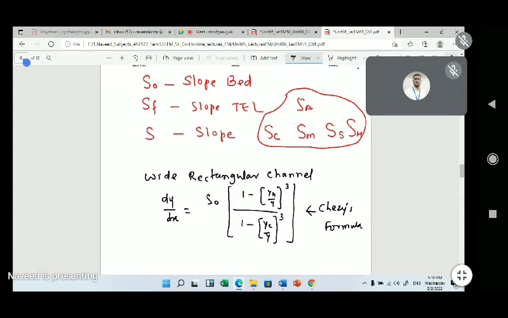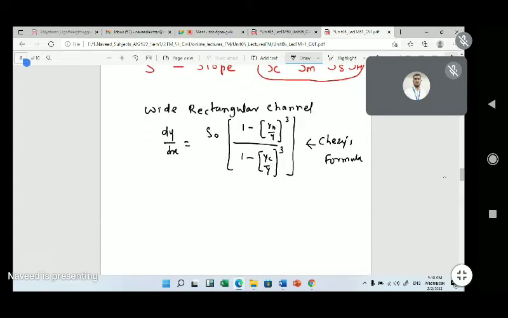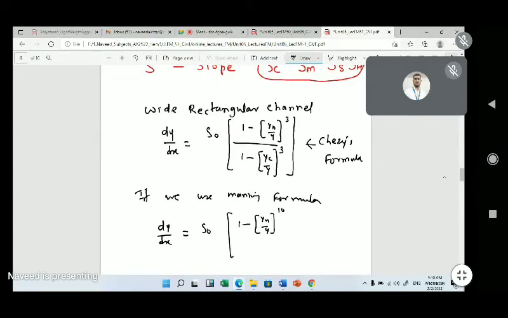If we use Manning's formula, the dynamic equation for the gradually varied flow will be 1 minus (yn upon y) to the power of 10 by 3, divided by 1 minus (yc upon y) to the power of 3.